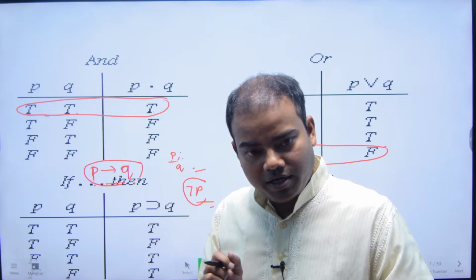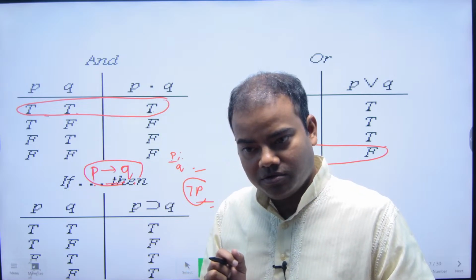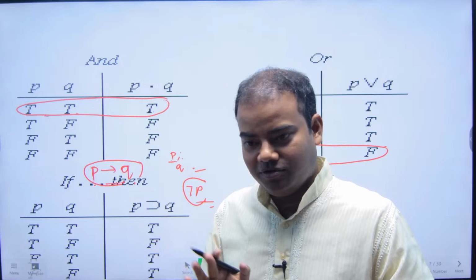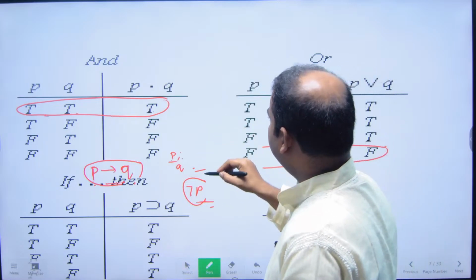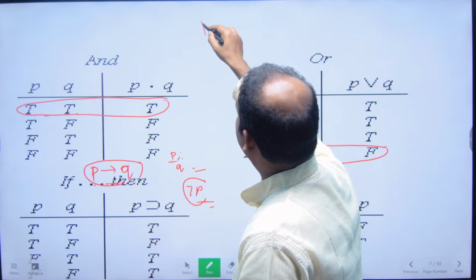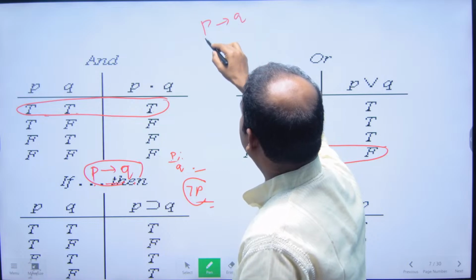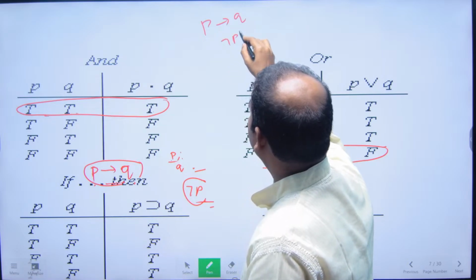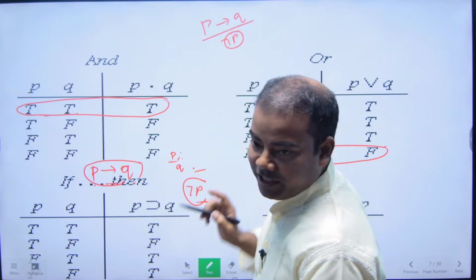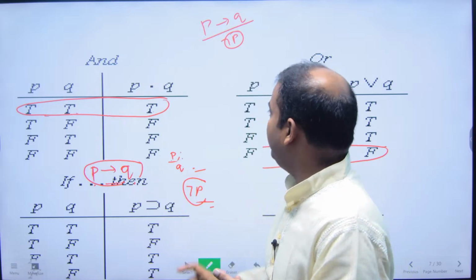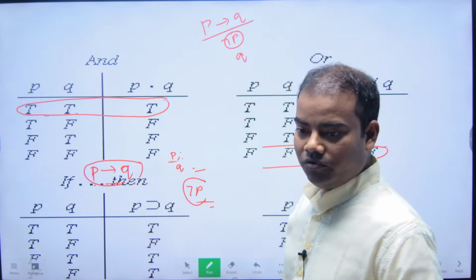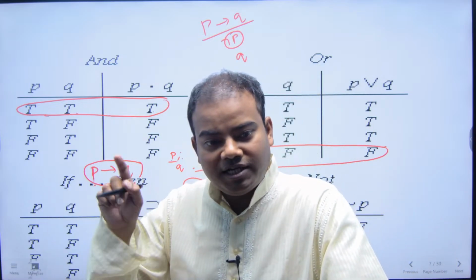Any doubt? So, for a conditional statement, if P is false, then the whole statement is true. Similarly, if Q is true, then also the whole statement is true.